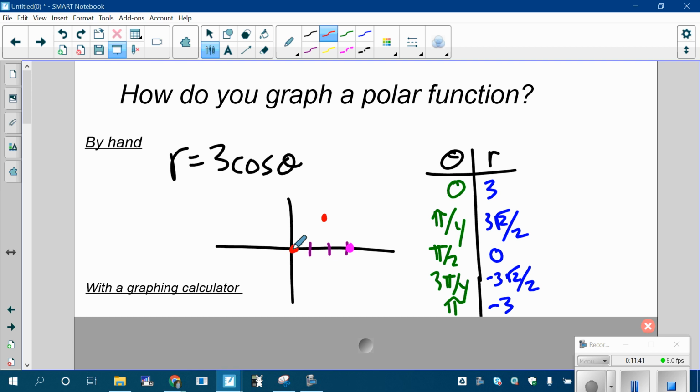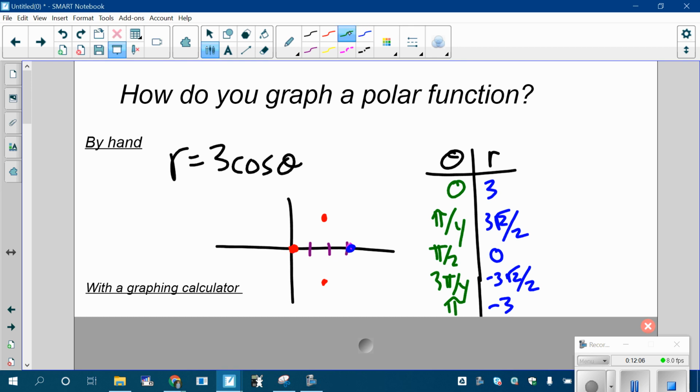I go to an angle of 3 pi fourths, and I go out negative 3 root 2 over 2, so I go in this direction, right about that much. Then at an angle of pi, how far out would I go? Negative 3, so I go back over here, back where I started. Those are the 4 points I got.